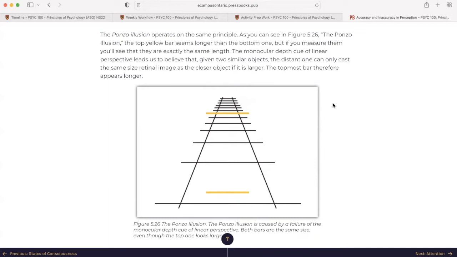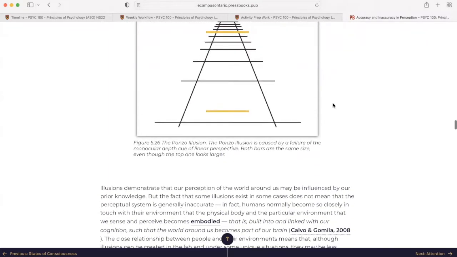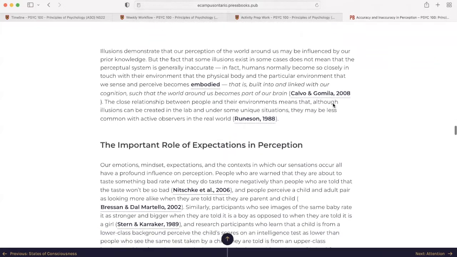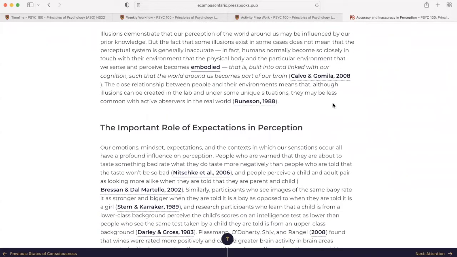So that depth perception is also an optical illusion. Illusions demonstrate that our perception of the world around us may be influenced by our prior knowledge, but the fact that some illusions exist in some cases does not mean that the perceptual system is generally inaccurate. In fact, humans normally become so closely in touch with their environment that the physical body and the particular environment that we sense and perceive become embodied.